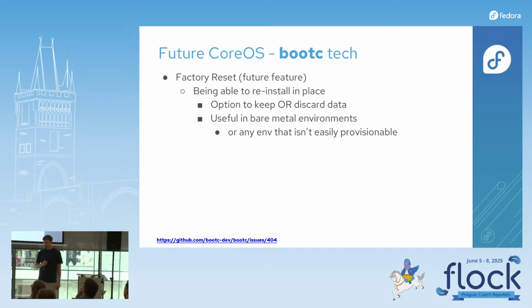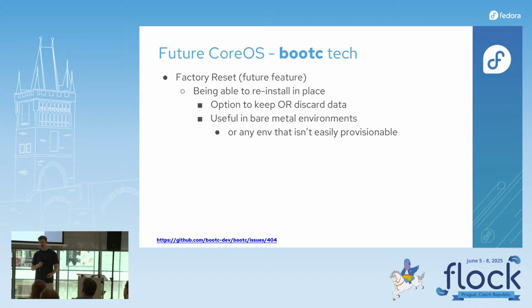Another feature that we're interested in, and we've actually been interested in this for a long time, but we never got around to implementing it in RPM-OS tree, is factory reset. So essentially being able to reinstall in place with an option to keep your data or discard it as part of that install. So this is useful in bare metal environments or really any environment that isn't easily provisionable, right?